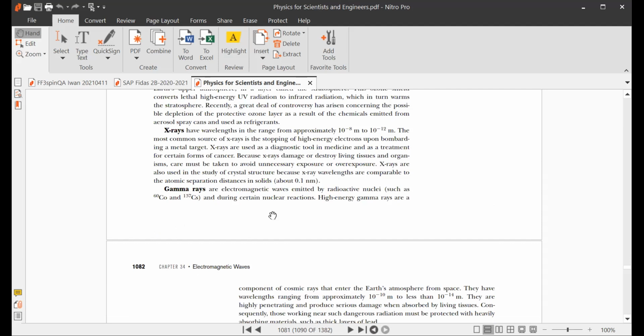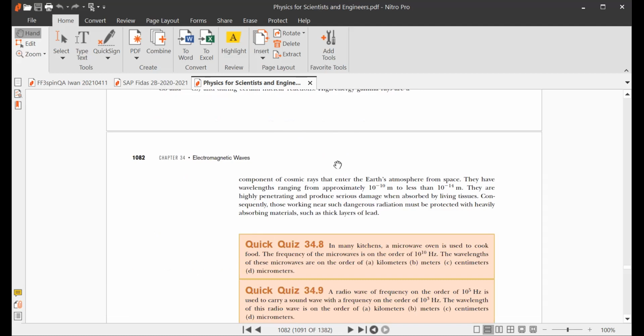Gamma rays are electromagnetic waves usually emitted by radioactive nuclei, such as cobalt-60 and cesium-137, or from cosmic rays. Cosmic rays usually come from the supernova of a star, not the Death Star from Star Wars. After the supernova, the star becomes a white dwarf, and also a red giant star.